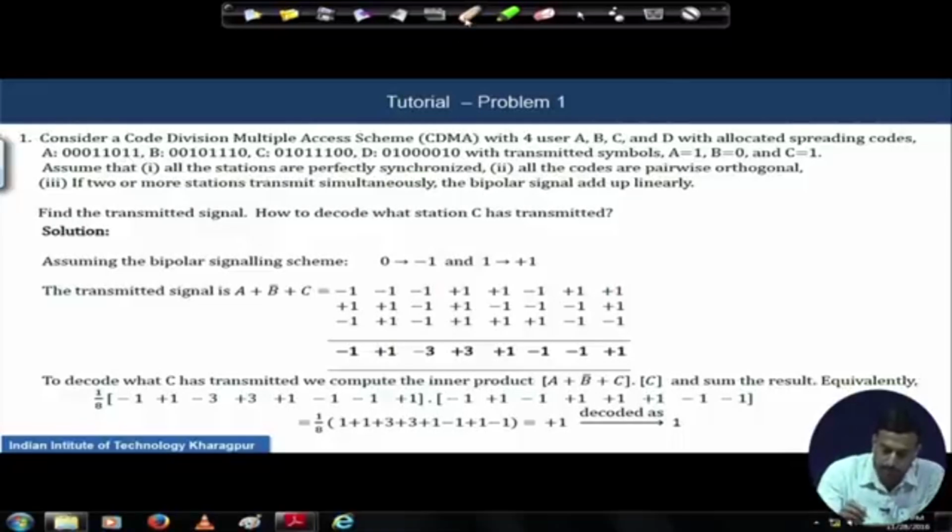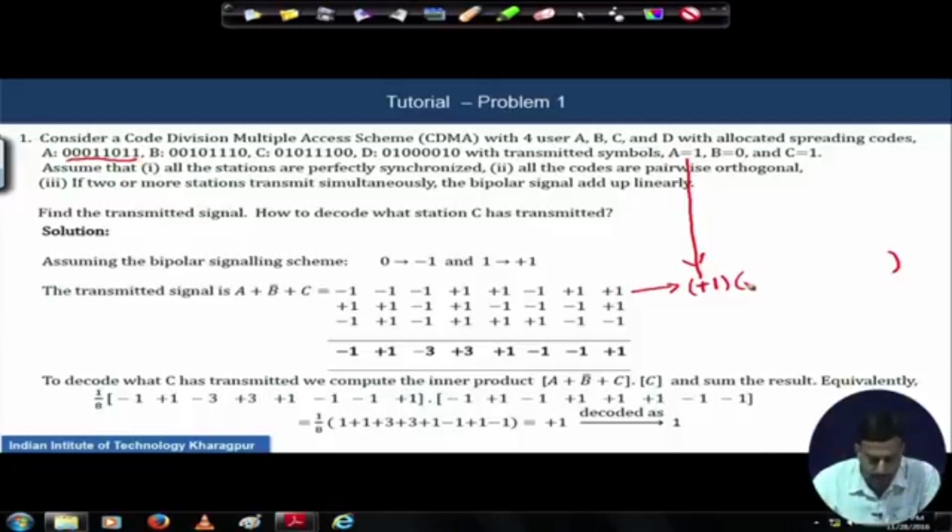So I'll just quickly show you how we obtain this. This is obtained by taking this signal by A, which is +1, and we have merely multiplied it with the sequence corresponding to this A, which is nothing but -1, -1, -1, +1, +1, -1, plus 1 and plus 1.